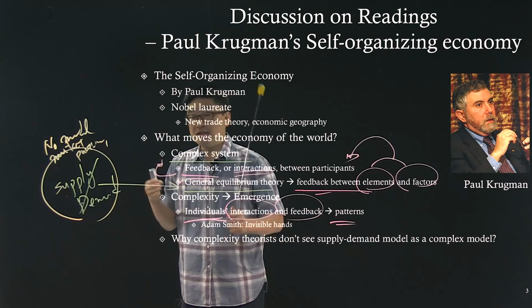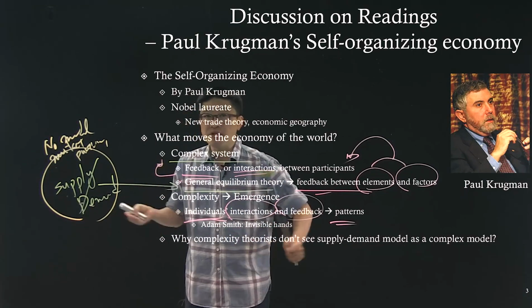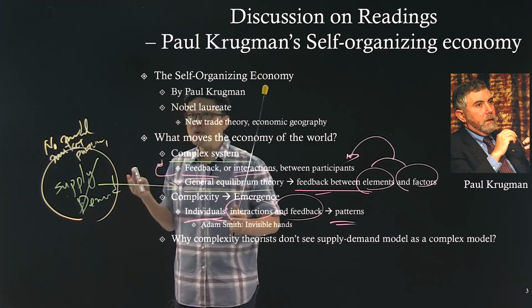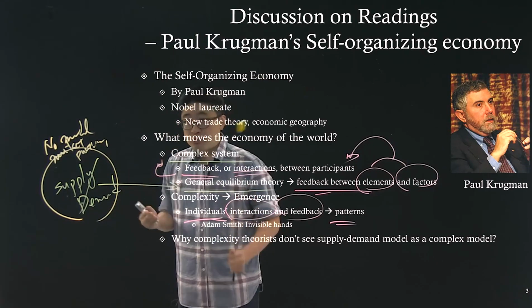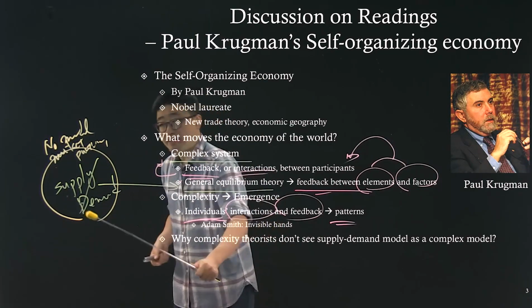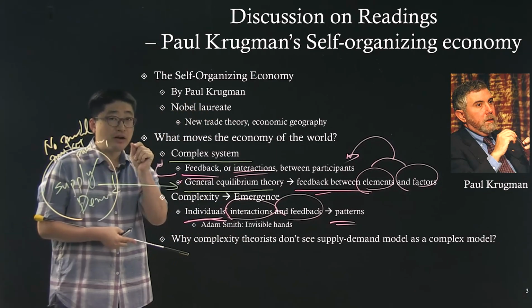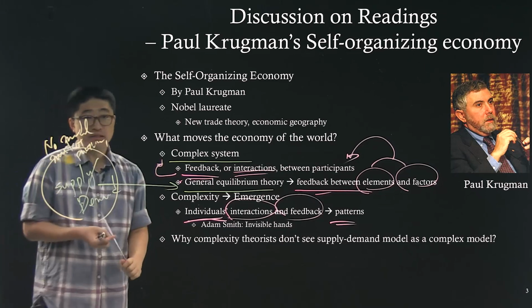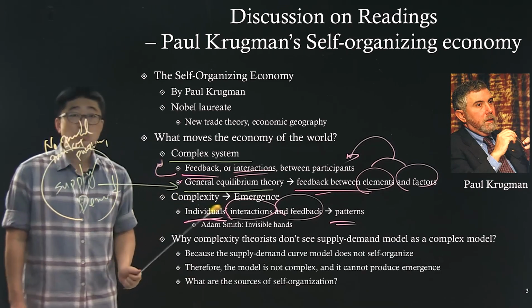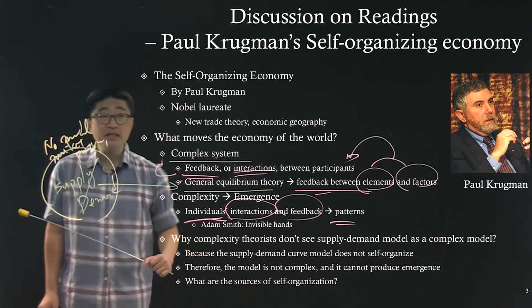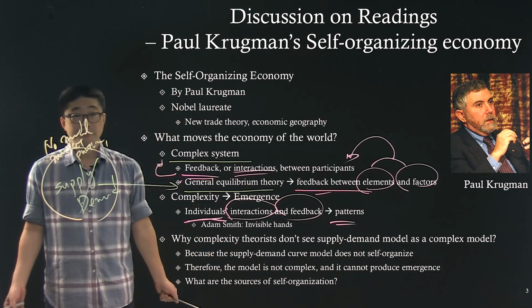On the other hand, in the real world, we are all different individuals with different utility functions, and now they are all being homogenized, simplified, and turned into just one unit of measure in the supply and demand curve. That's the reason why these complexity theorists don't see the supply-demand model as a complex model.